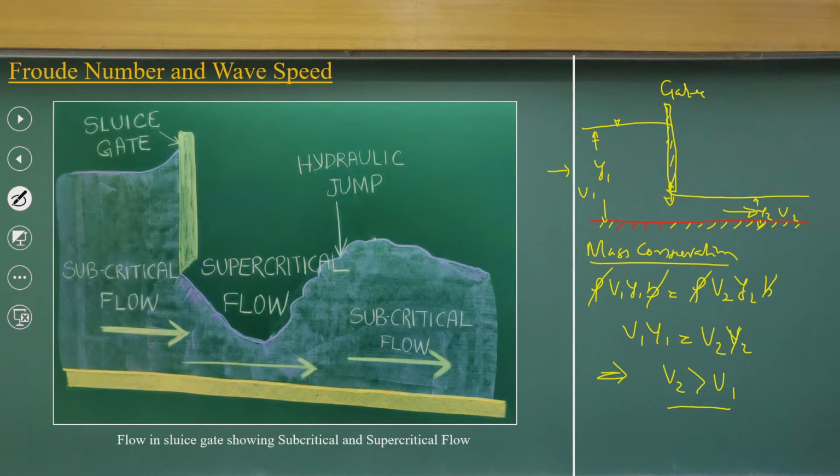So in one condition we will have a flow Froude number less than 1, and in the other a flow Froude number greater than 1, depending upon the flow velocities. Mostly, you can have subcritical flow or supercritical flow.